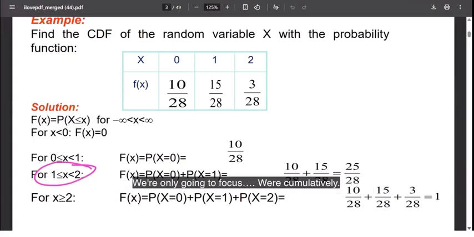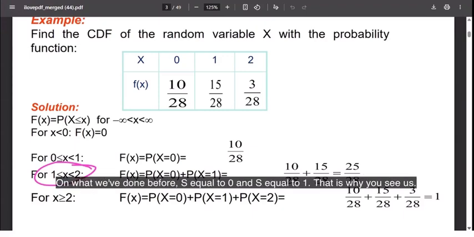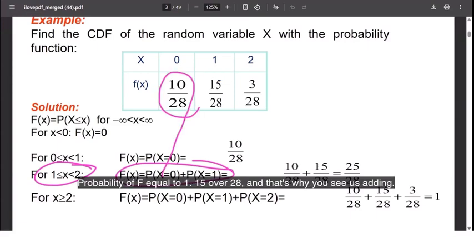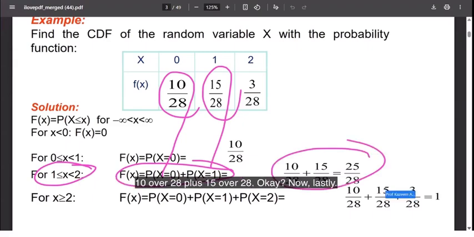We're only going to focus cumulatively on what we've done before, s equal to 0 and s equal to 1. So that's why you see us writing that. For s equal to 0, you have 10 over 28. For the probability of s equal to 1, 15 over 28. And that's why you see us adding 10 over 28 plus 15 over 28.